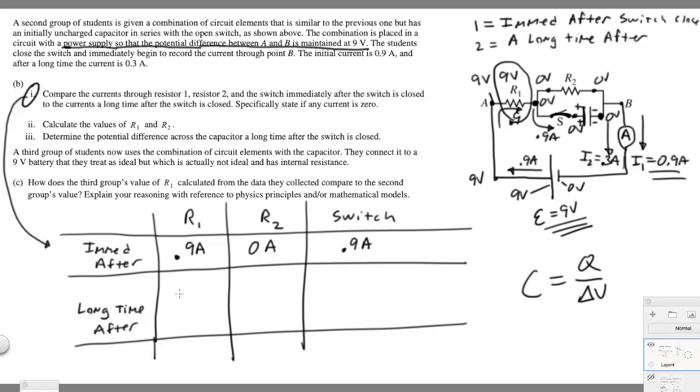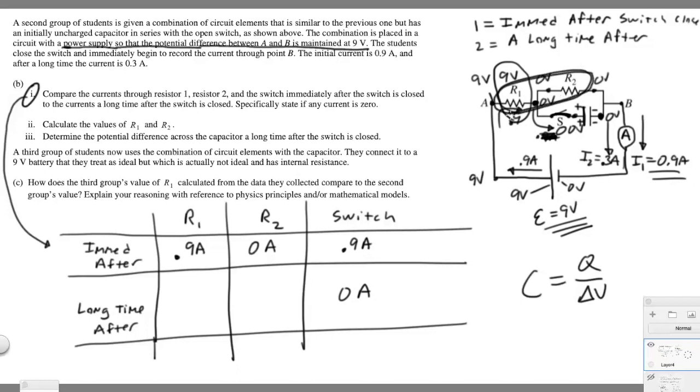Okay, now let's look at this situation a long time after. Now, a long time after, the capacitor is going to be fully charged, which means no more current is going to come down through the switch. That's going to go to 0. The current coming down to the switch is going to be 0 because the capacitor is fully charged. This is going to leave resistor 1 and 2.